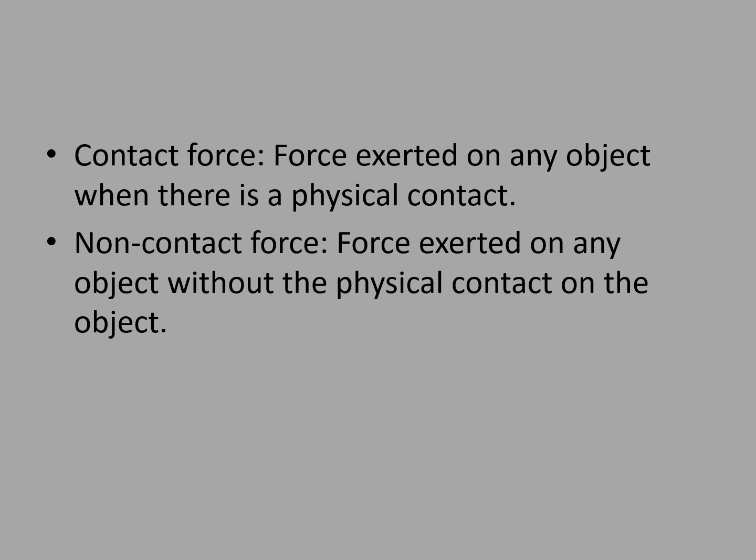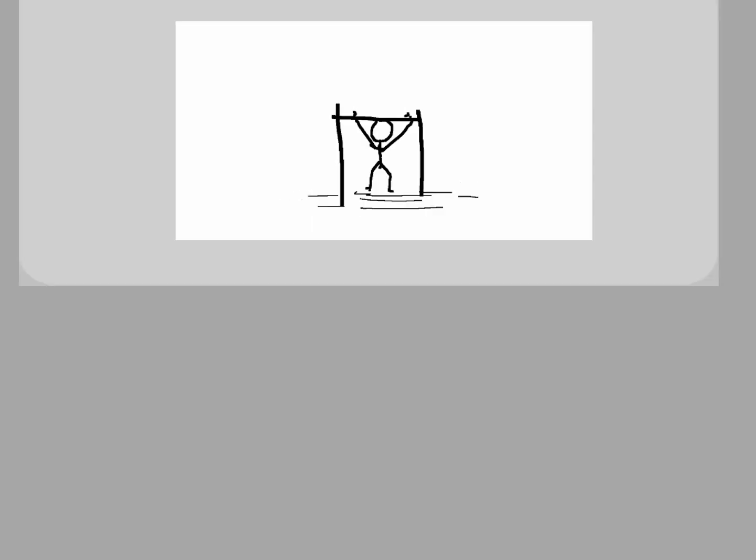Now let us discuss what muscular forces are, which are also contact forces. We see here in the illustration, the stick man is trying to pull up. He is doing his exercise and using his muscles to pull himself up the bar, and go down and come up likewise.